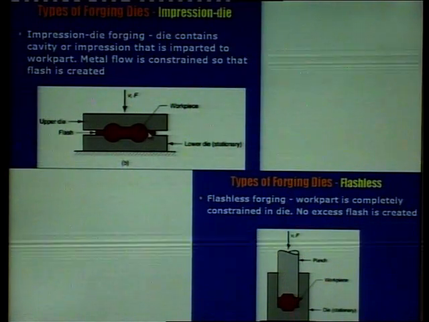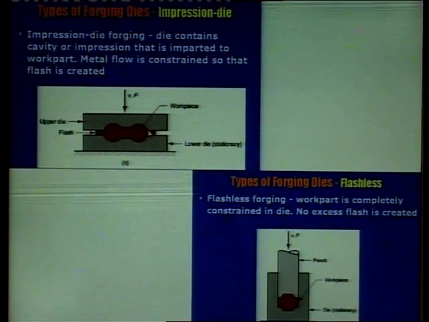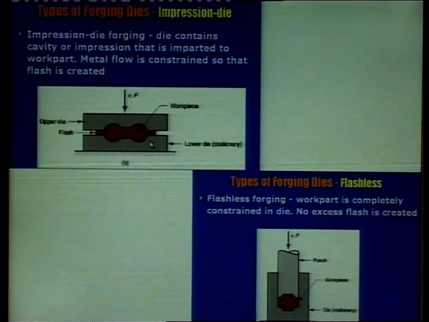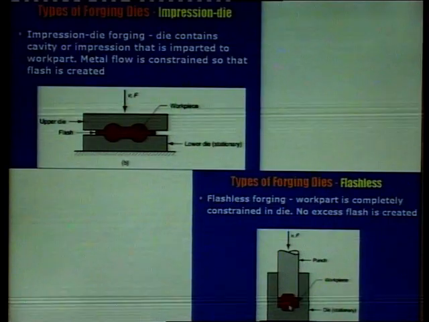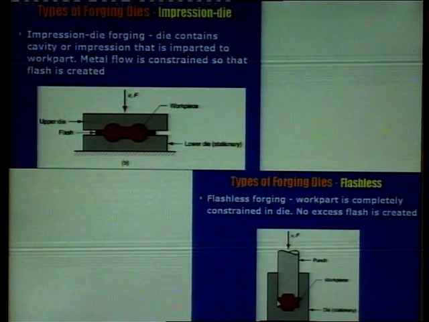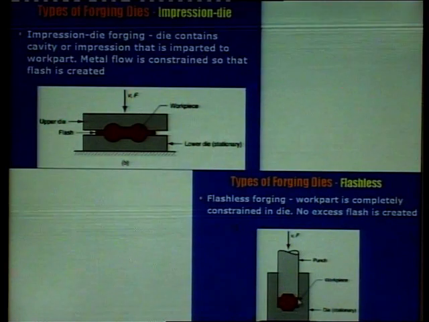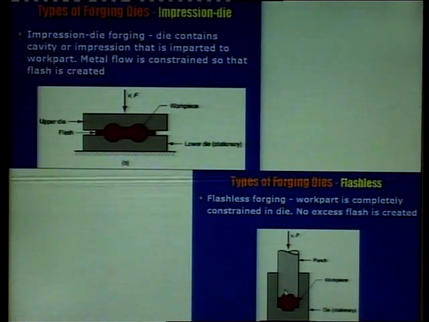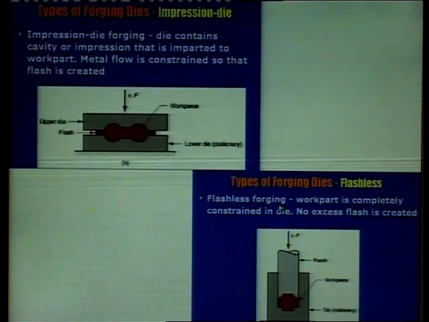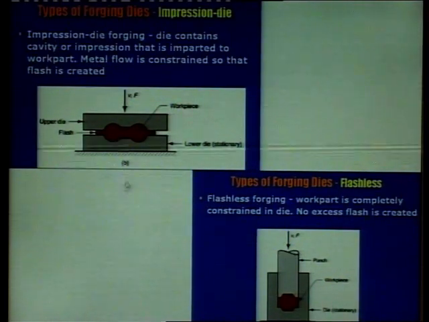Flash is extra material coming on the edges of the workpiece. Here we are getting flash, whereas here we are not getting any flash because we have not allowed any space where flash can be formed. This is very controlled. So in flashless forging, the work part is completely constrained in the die. No excess flash is created, whereas here flash is created.